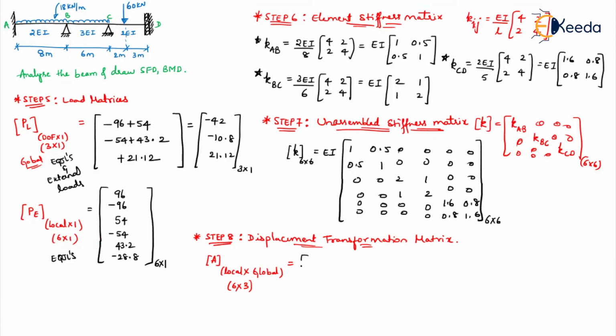So basically what you have to do is, here you are applying theta b equal to 1, then you will apply theta c equal to 1, then you will apply vd equal to 1. This vd you have to be very careful. So when you are applying b, the local coordinates at b will have values.